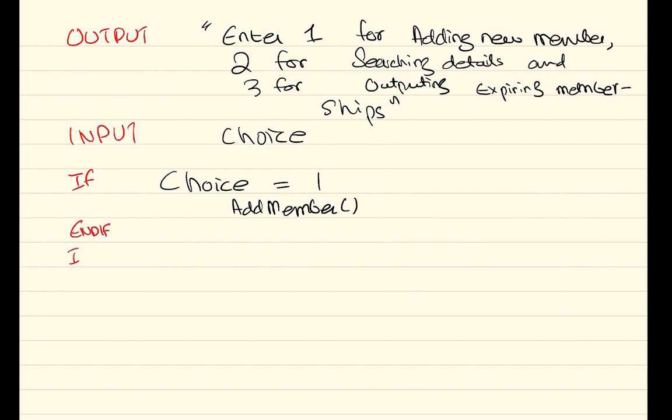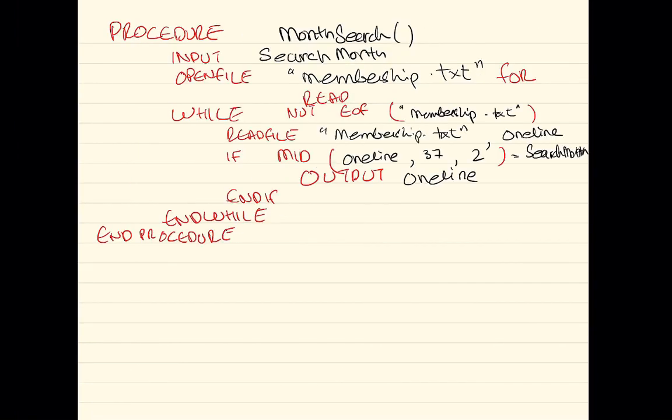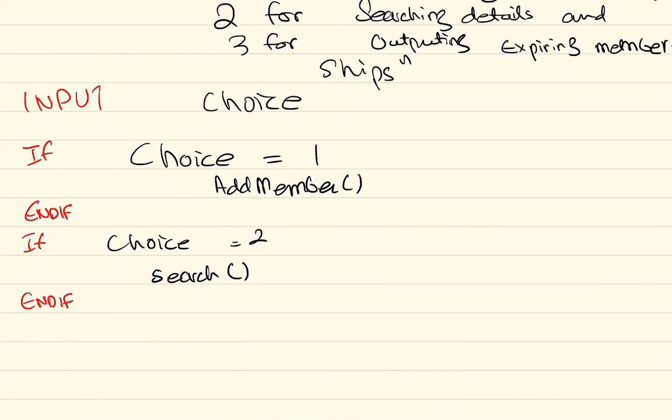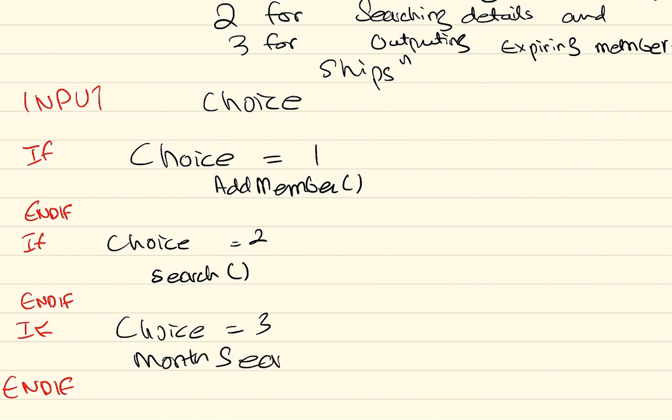Then we'll have one more if, and in the middle we'll have choice is equal to 2, search, and the last, choice equals 3, month search, then end if. So that's it.